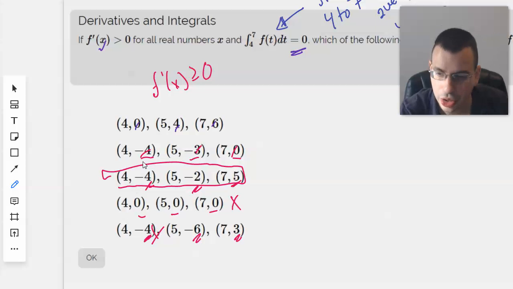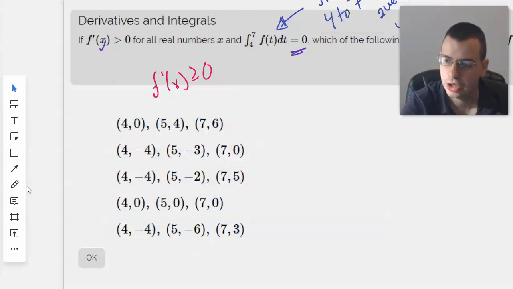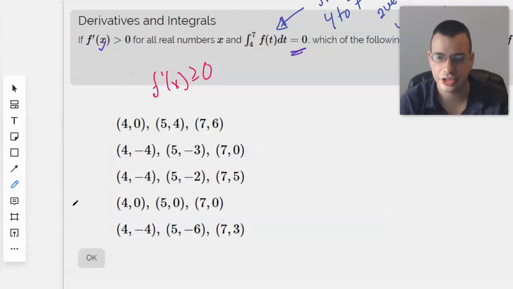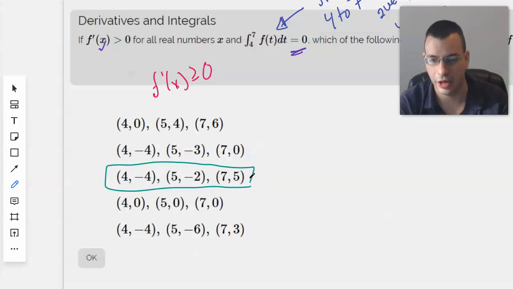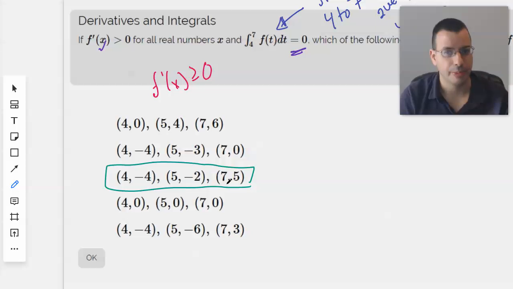So the only one of these that meets both conditions, being that f prime of x is greater than 0, so the y should keep going up each time as long as the x is going up, and that the integral equals 0.